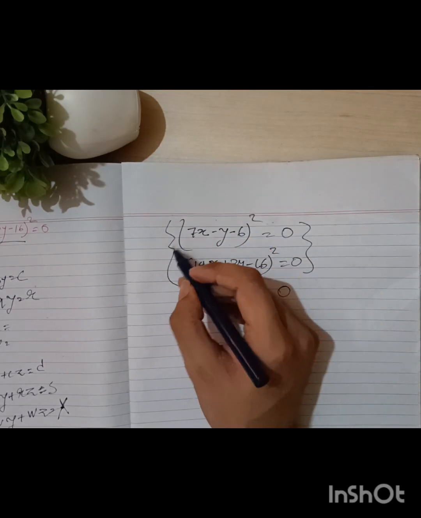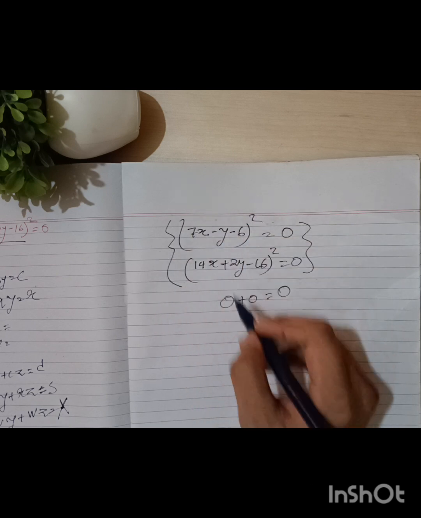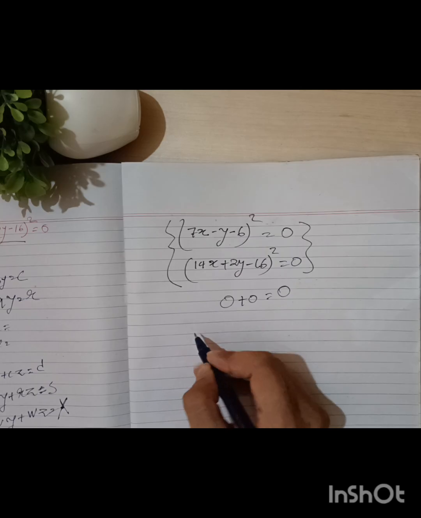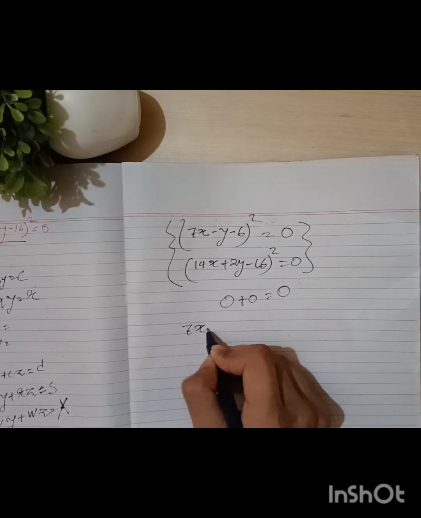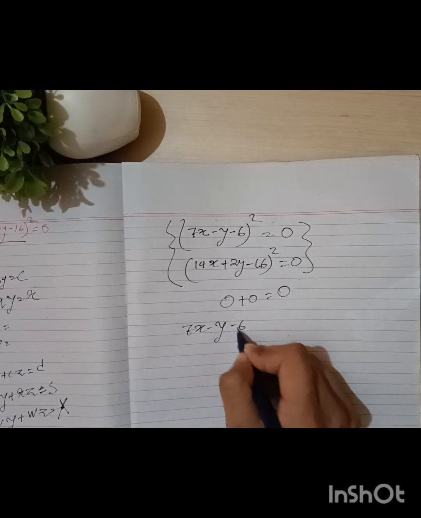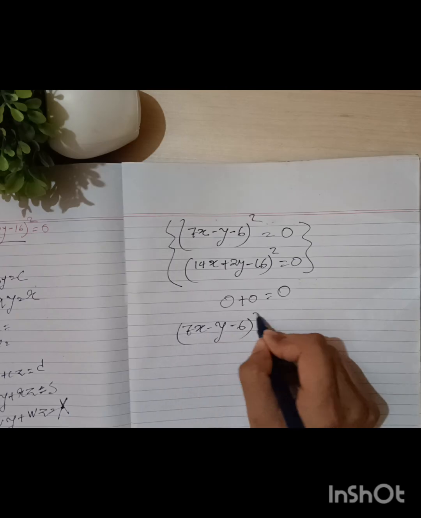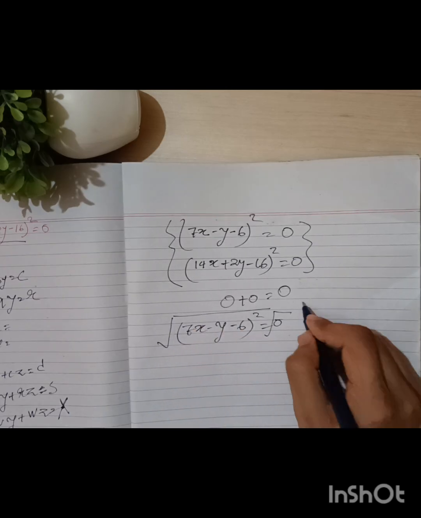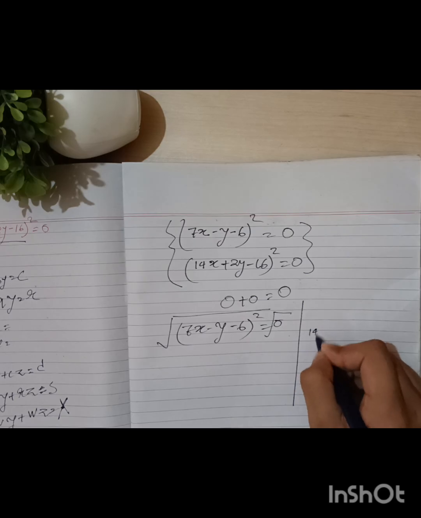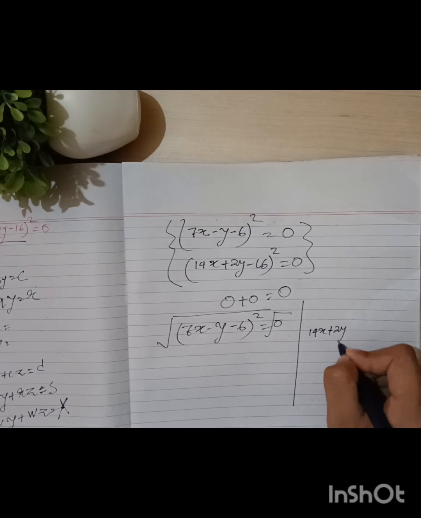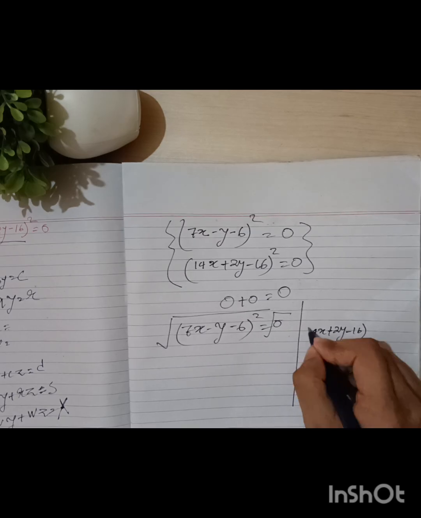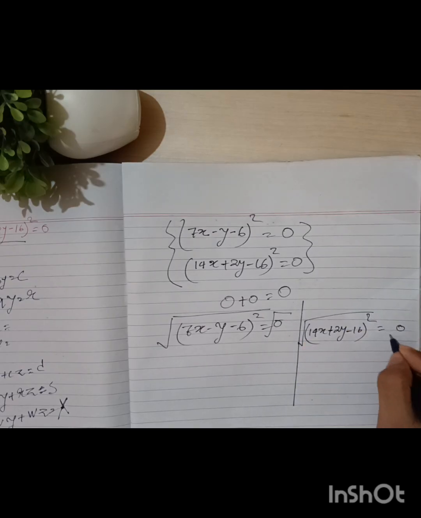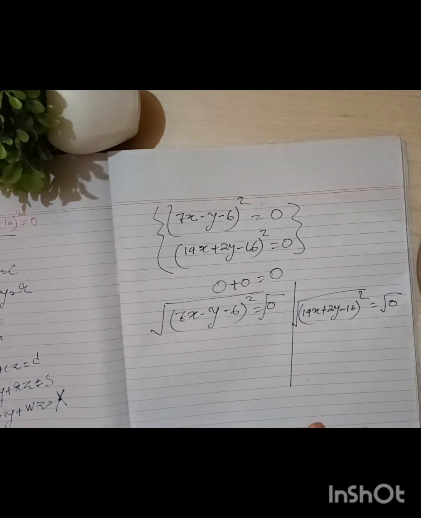Now, by taking the square root of both sides of these two equations, we can write that 7x minus y minus 6 whole square equals 0, square root, equal to root under 0.